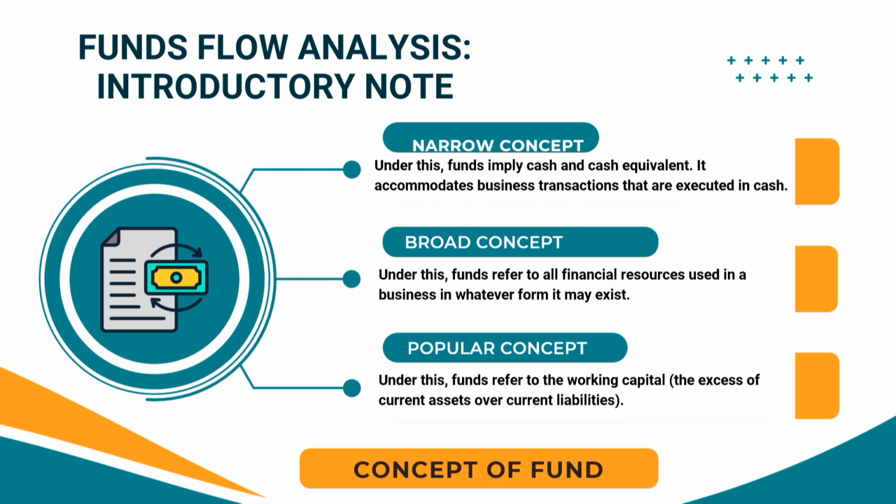In the literature of accounting, there prevail three different concepts, namely the narrower concept, the broader concept and the popular concept. When you talk about the narrower concept of fund, we only accommodate cash and cash equivalents and all those financial transactions where there is a change in cash and cash equivalents after their execution.